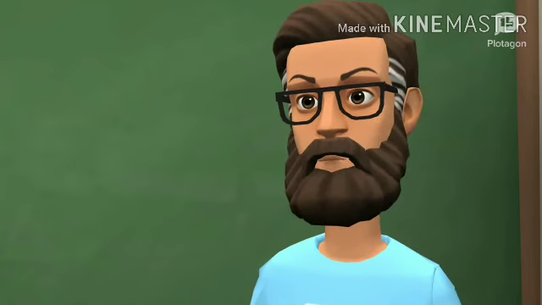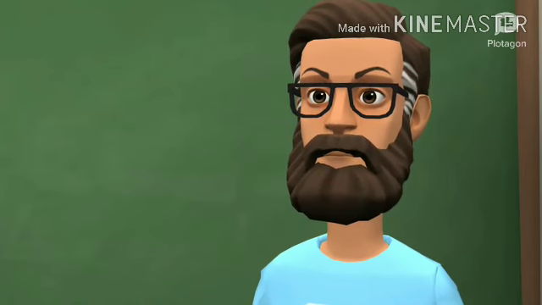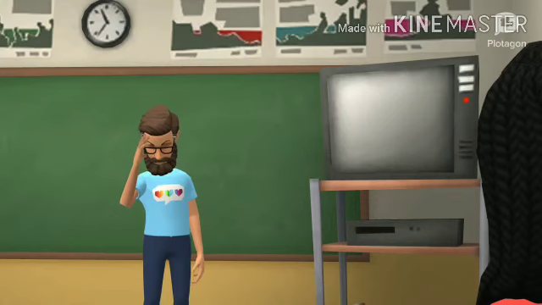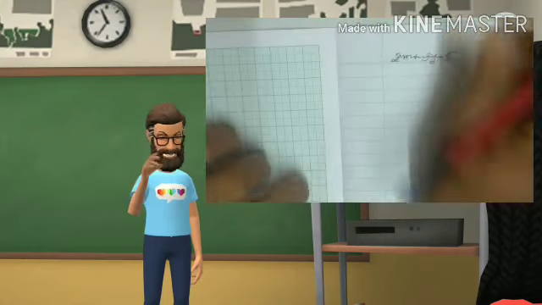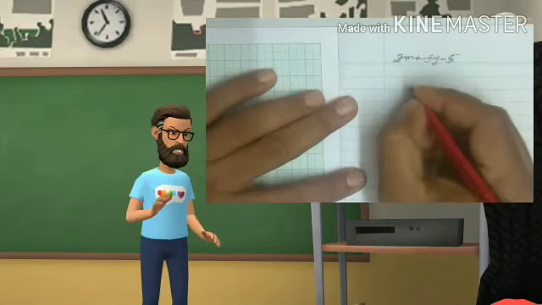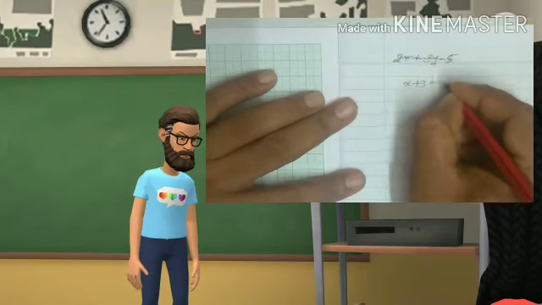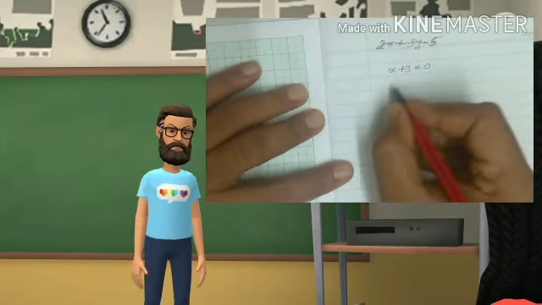How many solutions does a linear equation in two variables have? Infinite number of solutions, sir. Yes, you are correct. For a linear equation in two variables, we have an infinite number of solutions. Here we rewrote it in the form x plus 0y plus 3 is equal to 0.